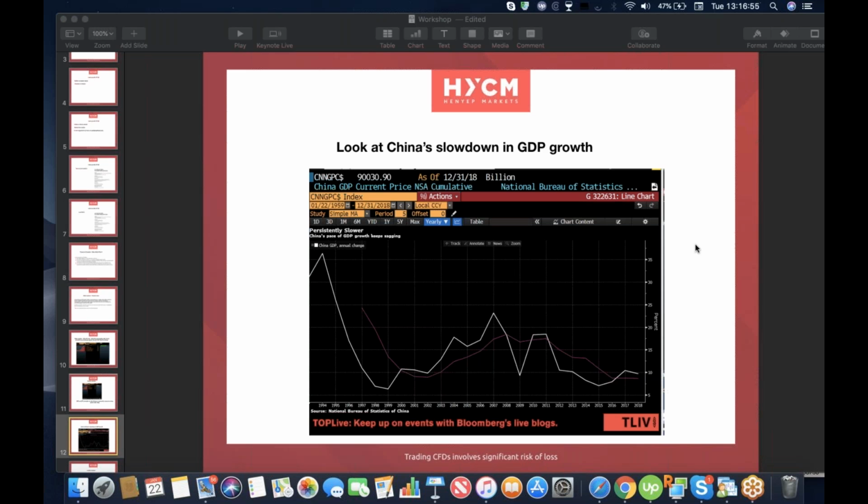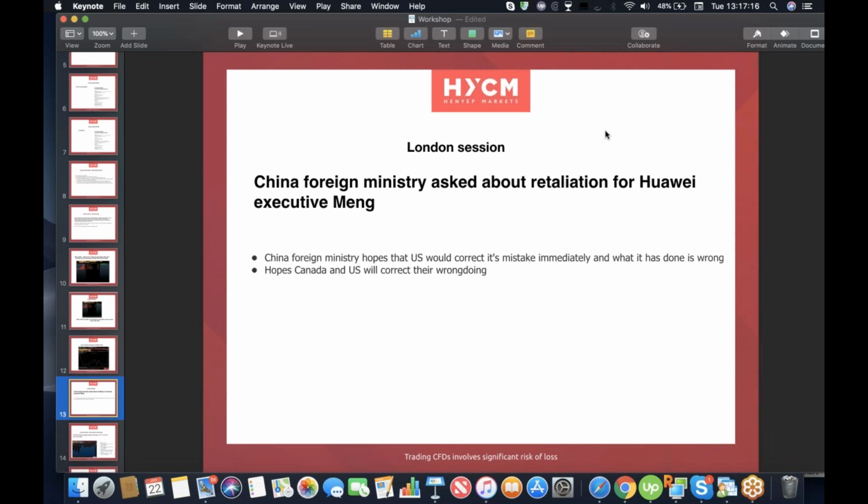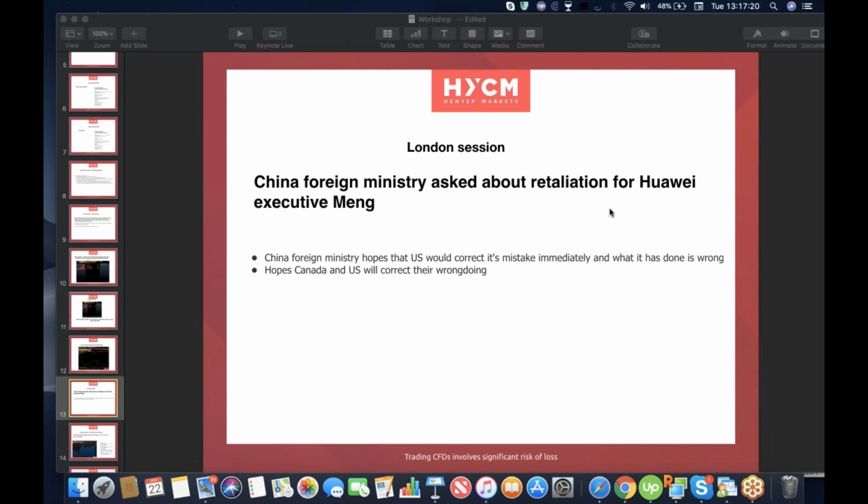And this is just to outline some of those concerns about China's slowdown in growth, and that is being felt throughout the world. That's what people are concerned about. And seeing the slowdown in China's manufacturing, their PMI data, is just showing the reality that those chickens are coming home to roost.